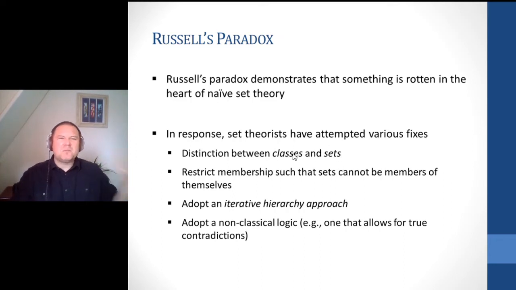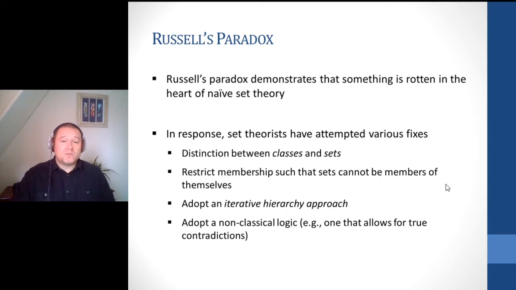So we can't really buy the axiom of comprehension as it stands, but we can say, for any condition C, you're guaranteed to get a collection, which might be a class, or it might be a set. This is a move. It's not really clear how successful this is. This was actually Russell's initial attempt.